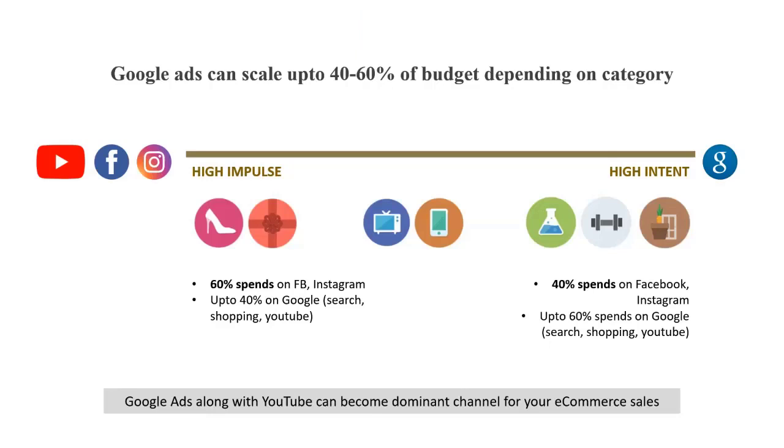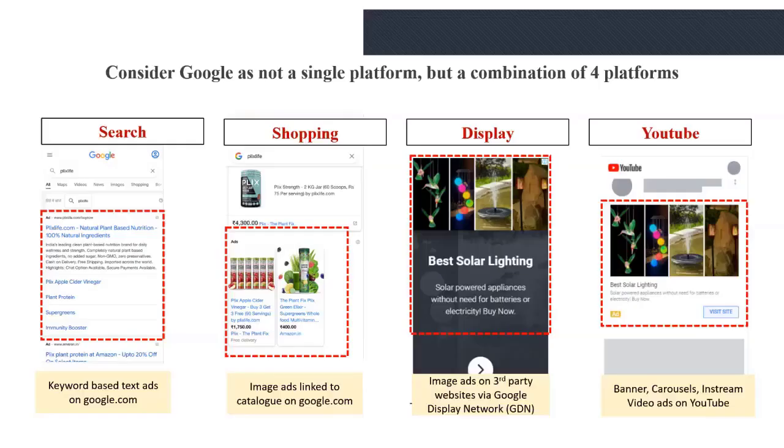So you need to understand on which side of the spectrum you lie in terms of your dropshipping products. And depending on where you lie, you will still be able to contribute around 30 to 50% of your sales on Google Ads.